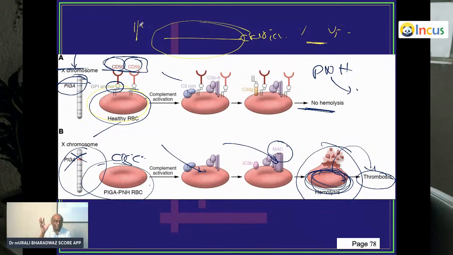Odd chain fatty acid metabolism leads to the formation of what? 3-carbon CoA. What is the 3-carbon CoA called? Propionyl CoA. Propionyl CoA becomes methylmalonyl CoA. Methylmalonyl CoA is mutated into succinyl CoA.